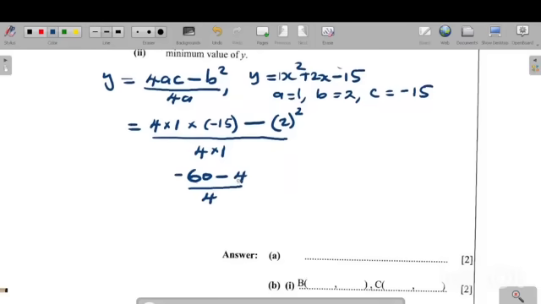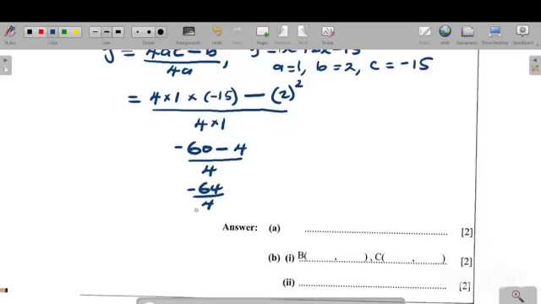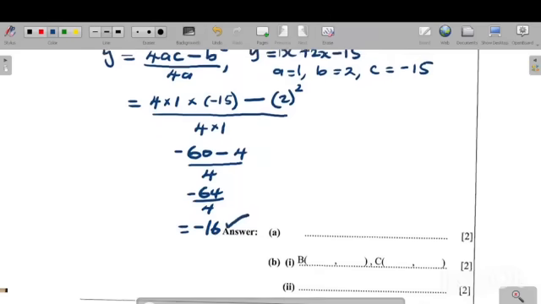So negative 60 minus 4 is negative 64 over 4. So negative 64 divided by 4 is negative 16. So this is the minimum value.